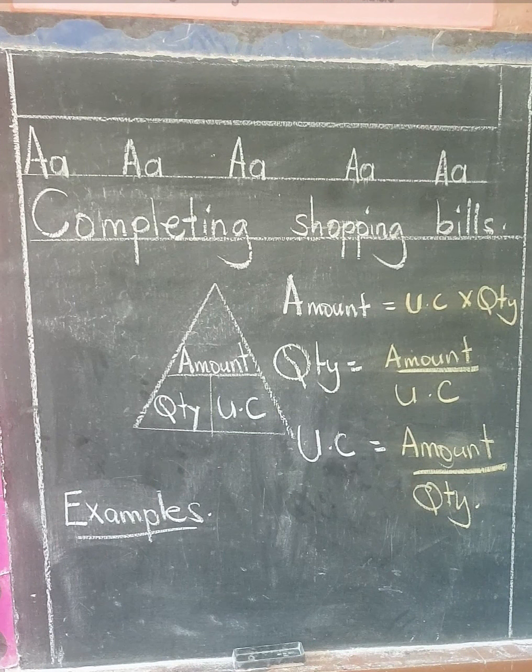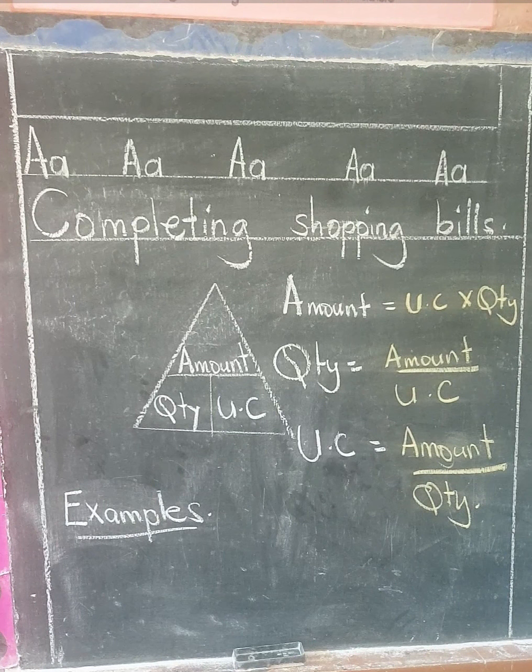We shall begin with the amount. Amount, children, is equal to quantity times unit cost, or unit cost times quantity. And then after that, we shall look at quantity.